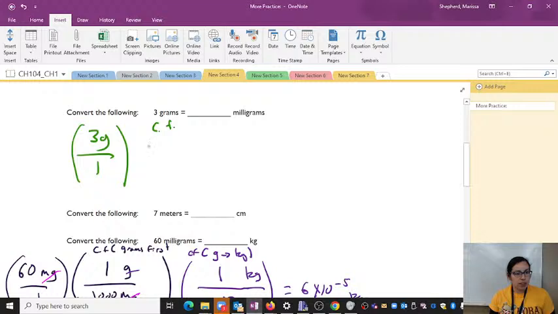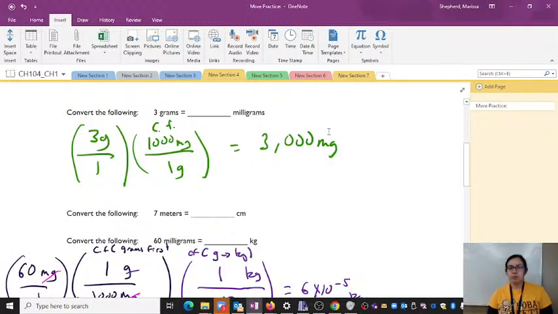So which one would we want on top then? 1,000 milligrams in 1 gram, then multiply across to give us our 3,000 milligrams.